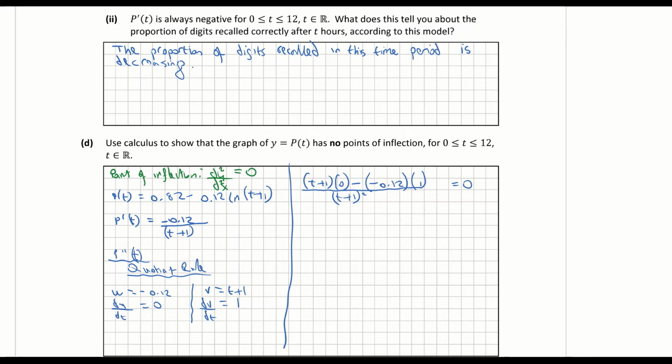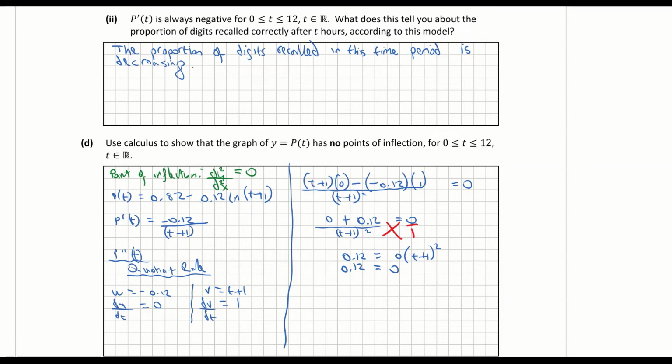Letting that equal 0 because it's the point of inflection. Working that fraction out, I get 0 minus minus, which becomes a plus 0.12 all over t plus 1 squared equals 0. To solve this fraction, I'm going to put the 0 over 1 and cross multiply. So 1 times 0.12 gives me 0.12, and 0 times t plus 1 all squared is just 0.